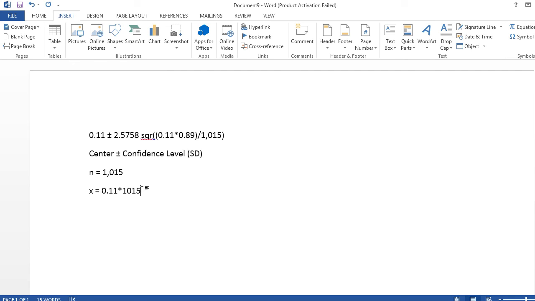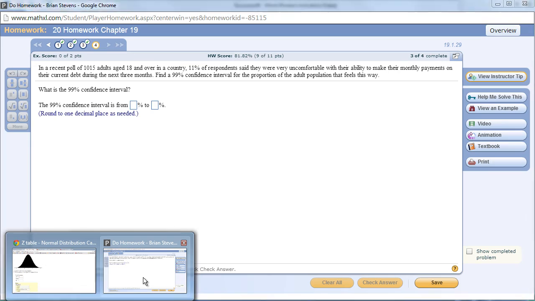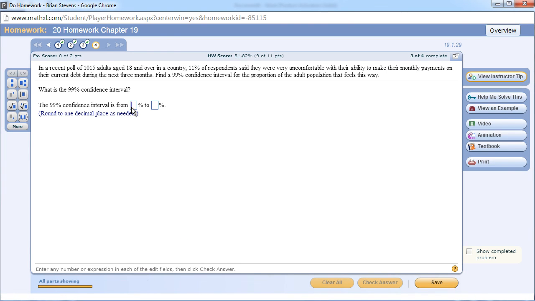I calculate, and it gives me the answer, but make sure to solve this. Practice up on solving these, know how to identify p hat, q hat, and n, and know when to plug it in. And we will often give you the z-score on the test, because we wouldn't expect you to know what a 99% confidence interval z-score is. Rounding, we should get this answer.